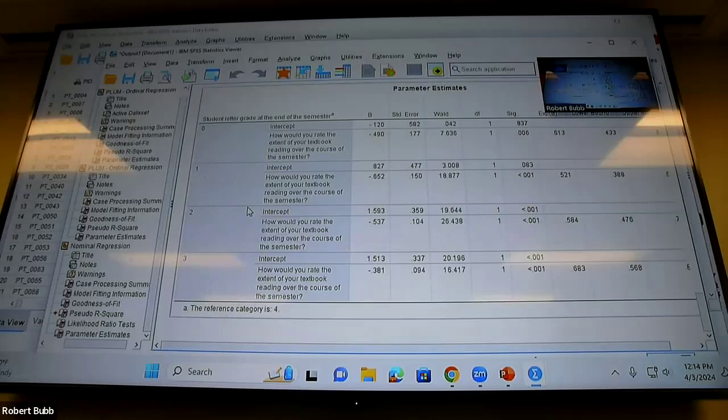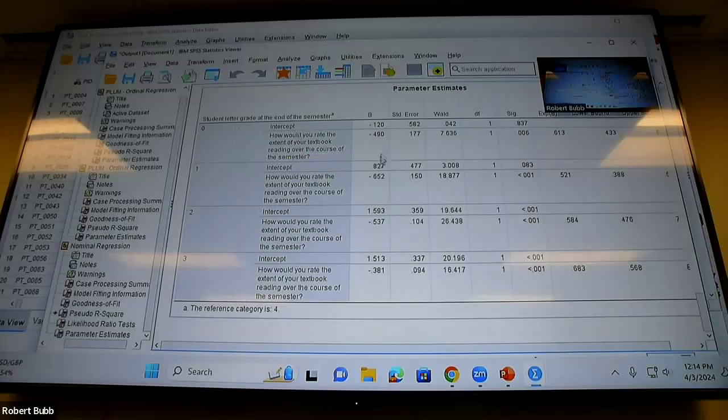So what is the interpretation? It really doesn't matter how well you read. No, it does. It still matters, right? The degree to which you read your textbook, the quality of your textbook reading, can differentiate between an A and an F student. But we would expect it would because they're so far apart, right?